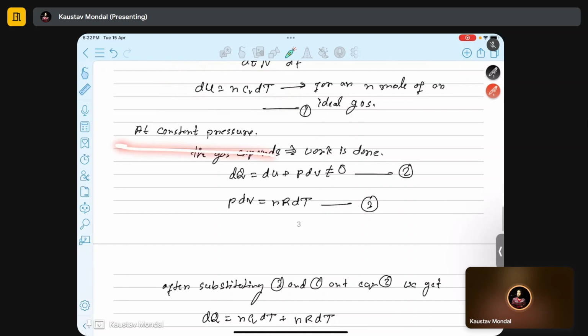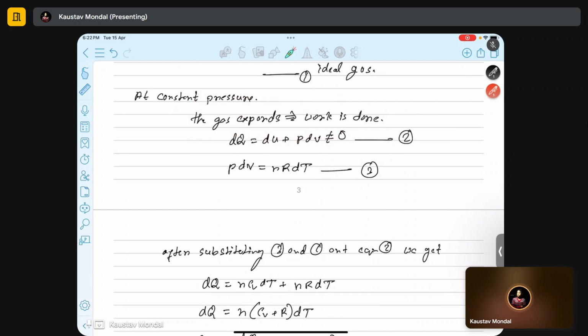Now the constant pressure case. The gas expands and work is done. Because pressure is constant here, volume will change, so this term would not equal 0. And PdV we already know from the ideal gas equation, PV equal to nRT.